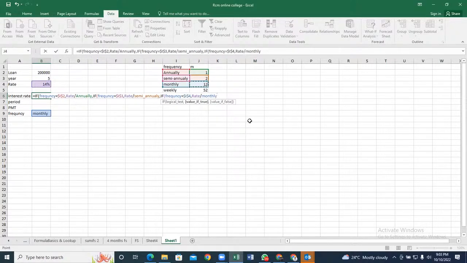If on the frequency part you don't have the name of the cell, you can fully dollar reference that. Just say B9 fully locked is equal to I2.